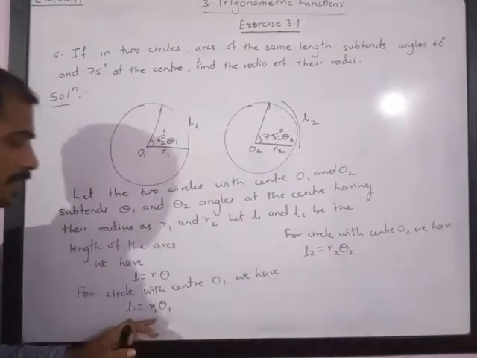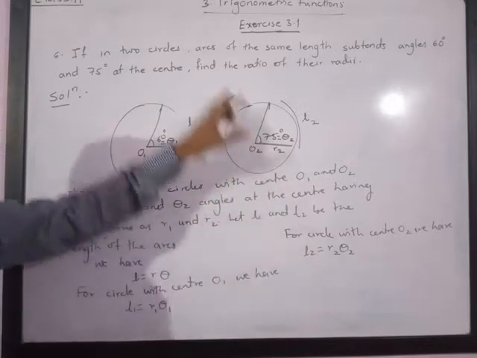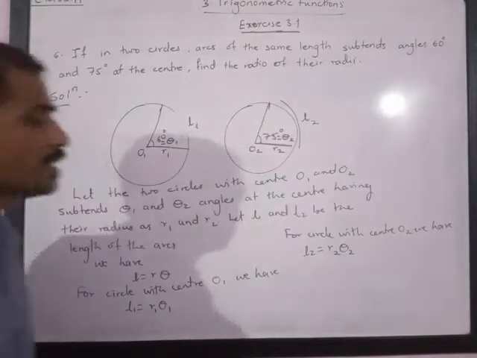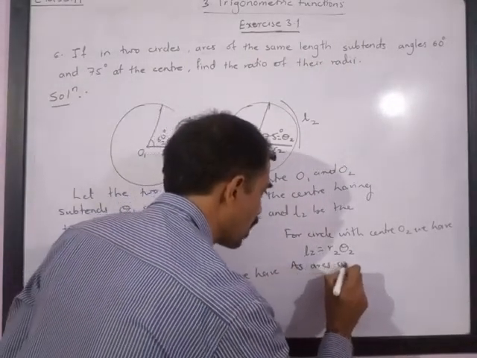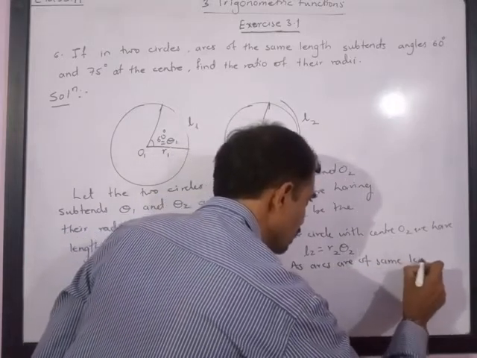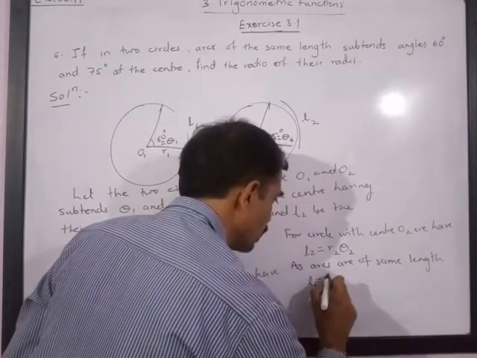Try to understand this. Now we are given that the arcs are of the same length. As the arcs are of the same length, L1 is equal to L2.